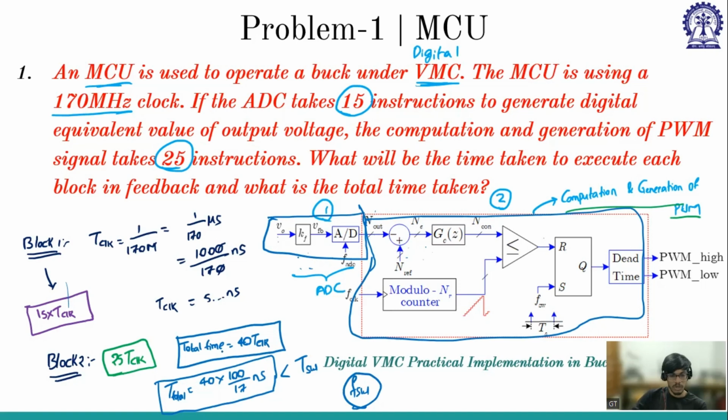So this total time should be less than TSW because our controller should be faster than the switching clock so that it can compute the gate pulses within a single cycle. If it takes more than a single cycle, then before the next on-time pulse starts the controller is not giving the information, so you cannot use that. The controller should be fast enough to give that gate pulse.